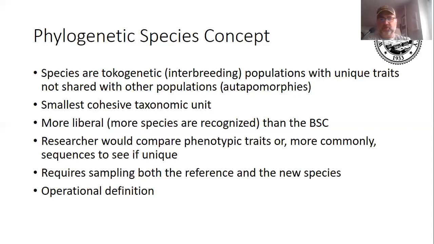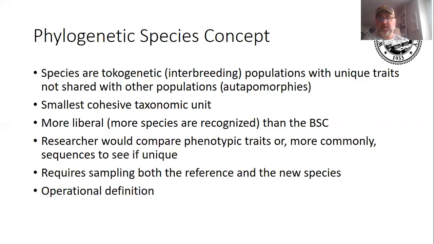And you know they're a unique species because they have unique traits that they don't share with other populations. And we call these things autapomorphies. So, for example, the robin has autapomorphies that make it different from other thrushes. Okay, so it has alleles, not necessarily genes, but alleles that you would only find in robins. And you might find that gene in other species, but not those alleles.